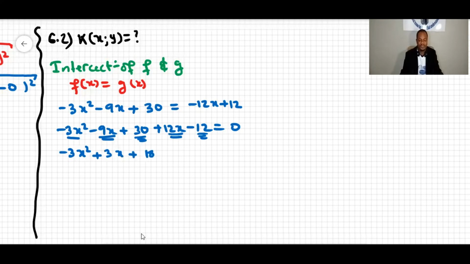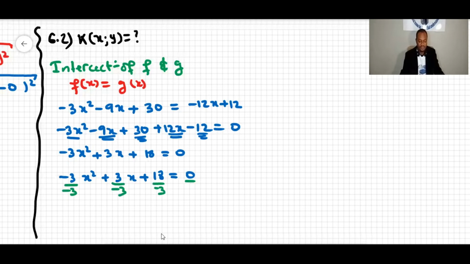Now, here again, we can notice that each term here is a multiple of 3, so it's also a multiple of negative 3. I can divide the whole equation by negative 3. So I divide by negative 3, by negative 3, by negative 3 also.